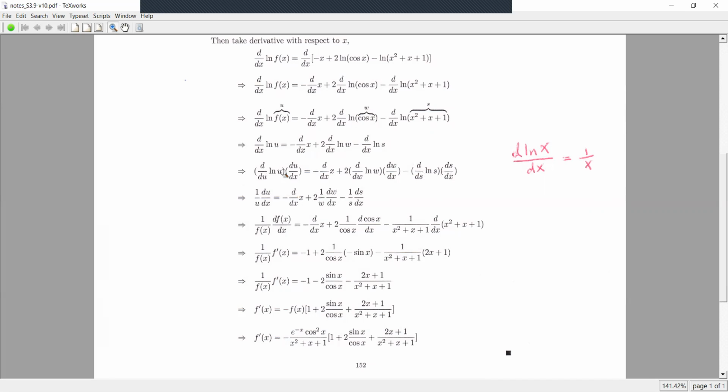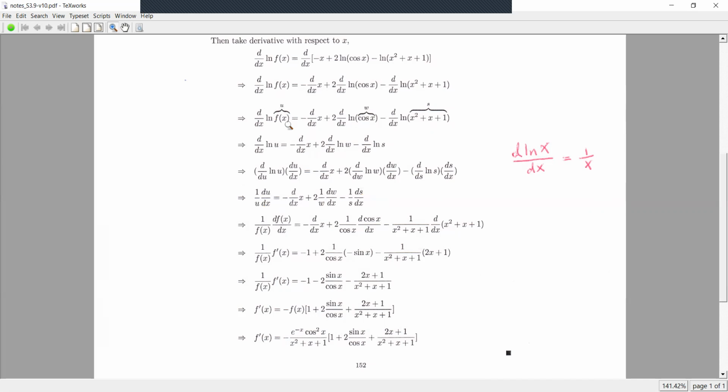Now, natural log of u, derivative with respect to u is 1 over u. Natural log of w, derivative with respect to w is 1 over w. Natural log of s, derivative with respect to s is 1 over s. Remove u, w, and s. They are intermediate variables.